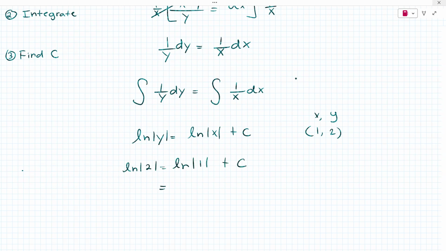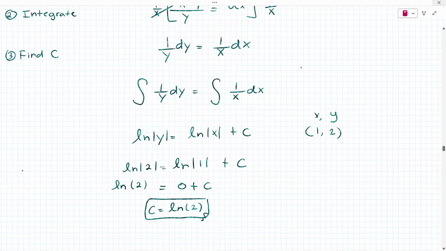The ln of 1 is 0, plus c, and the ln of 2, I'm just going to leave as ln 2. So that means your c is just ln of 2. Oh wait, that's not our answer, that's just our c.